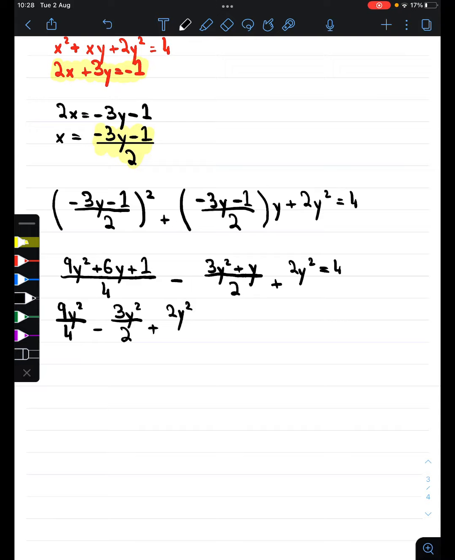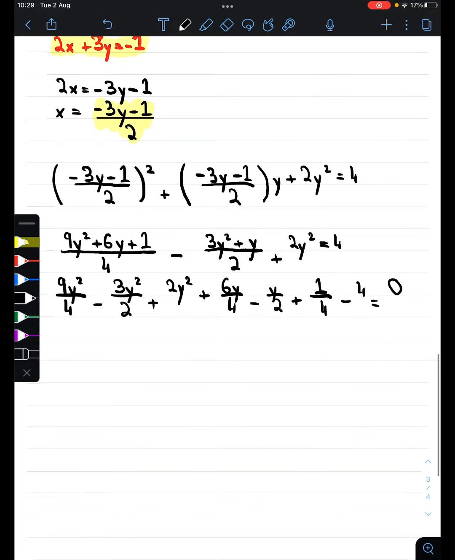Then if we collect the y terms together, we're going to get plus 6y over 4 minus y over 2. And then if we bring our constant over, we'll get plus 1/4 from the first fraction, and then minus 4. And then this will equal 0.